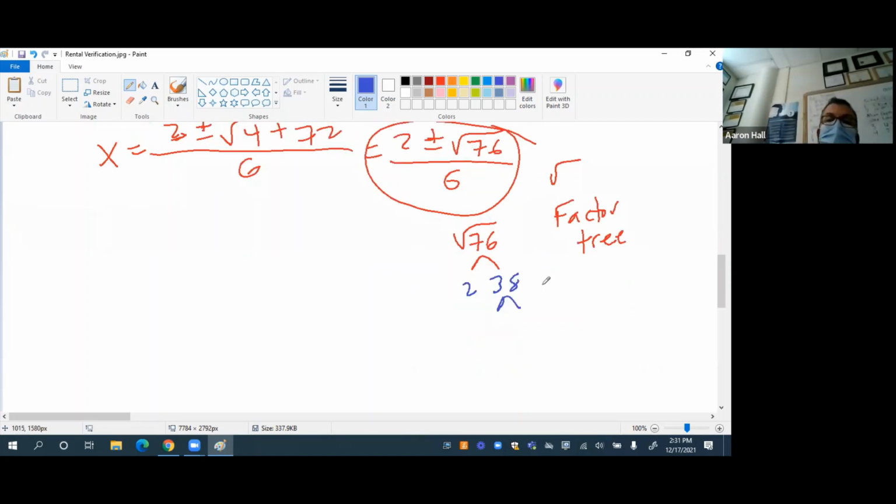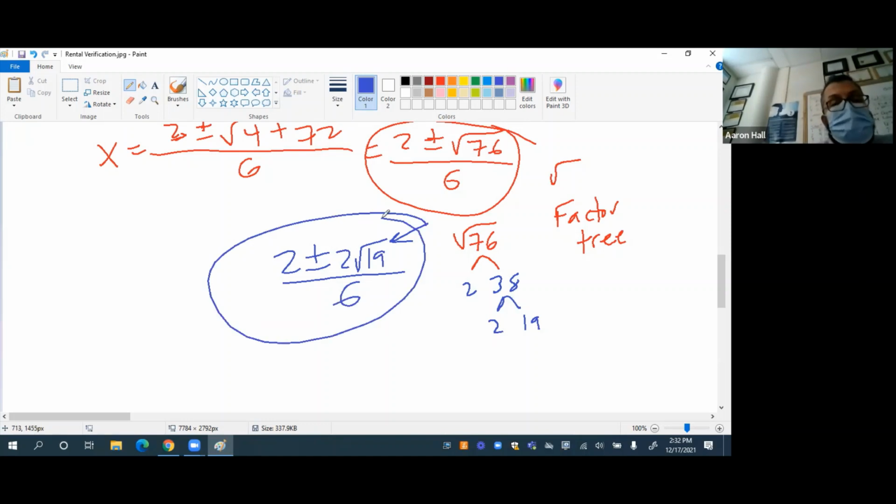What about for 38? 2 and 19. Yep. And so what does that mean? What can be taken out of the square root? A 2, leaving what in the square root? 19. So what I'm given is 2 plus or minus 2 times the square root of 19 over 6.